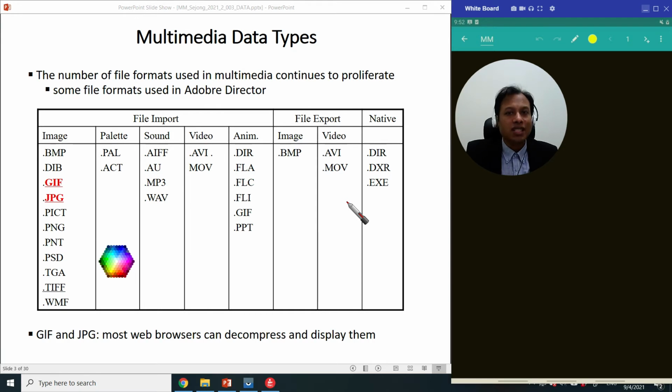Depending on the system, you have these kinds of file formats. And it is good to note that GIF and JPG, that is JPEG image, these popular file formats are used by most web browsers, and are good for compressing, decompressing, and displaying in many ways for different kinds of manipulations.